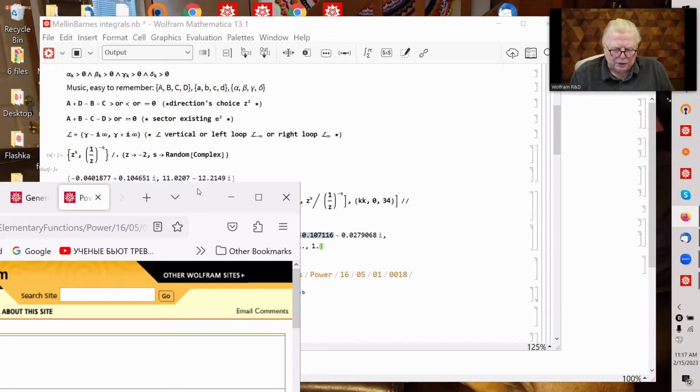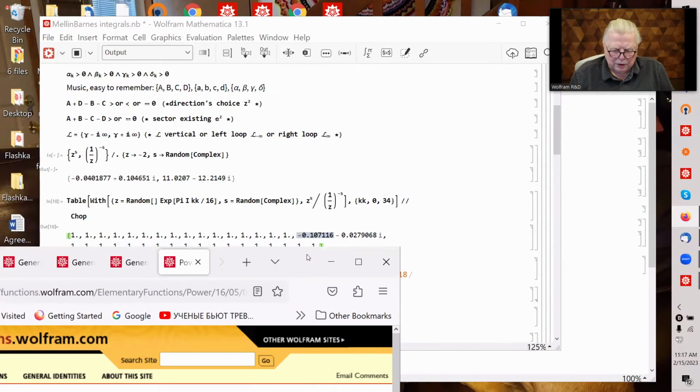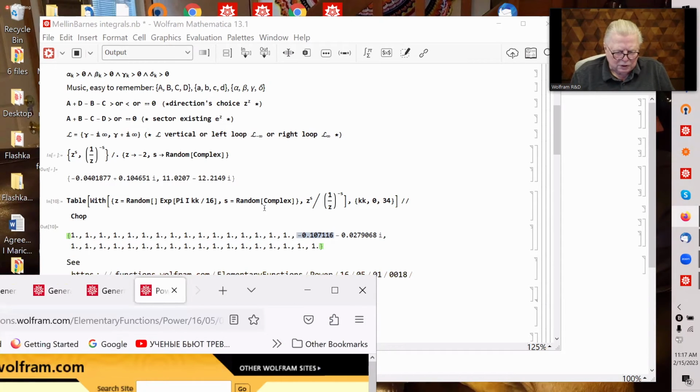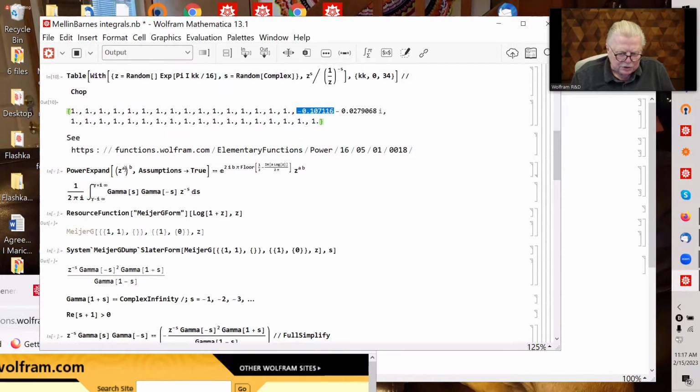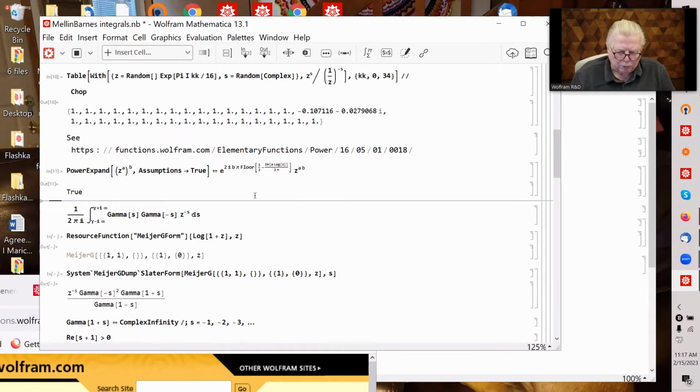Here I made a link and you can find formulas like how to operate with objects like this one. And here we implemented these formulas, and you see that it is not correct to make power expansions and ignore coefficients. Can be plus or minus 1. It depends from value of argument and functions.